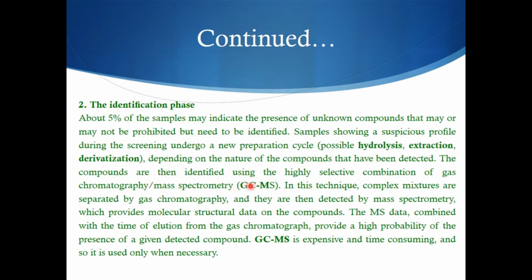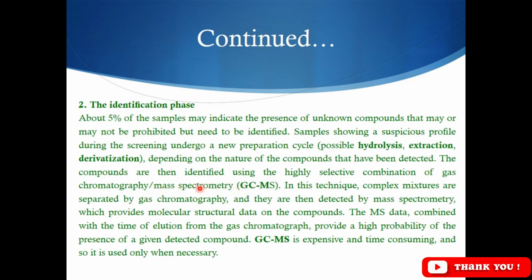The compounds are then identified using the highly selective combination of gas chromatography and mass spectrometry. In this technique, GC is coupled with mass spectrometry. Gas chromatography will separate the components of the mixture, and mass spectrometry will serve as a technique to identify the different compounds present in the sample.